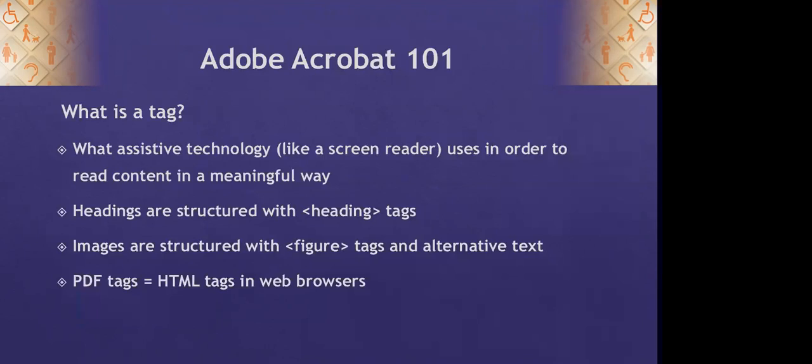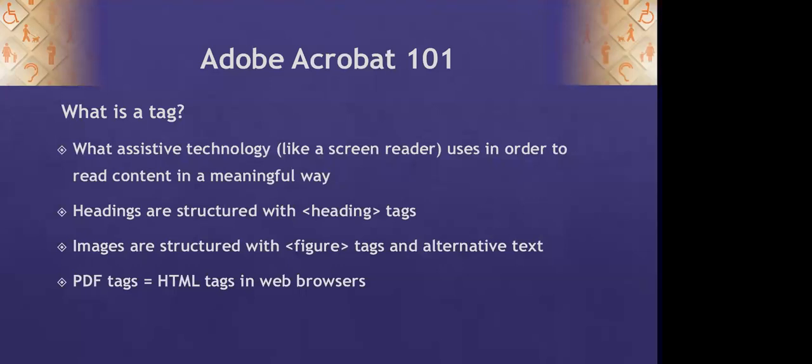Okay, so now we are going to do some high level introductory material before we actually hop into the tool, about what exactly a tag is whenever you're creating a PDF, and how this helps assistive technology to access the document.